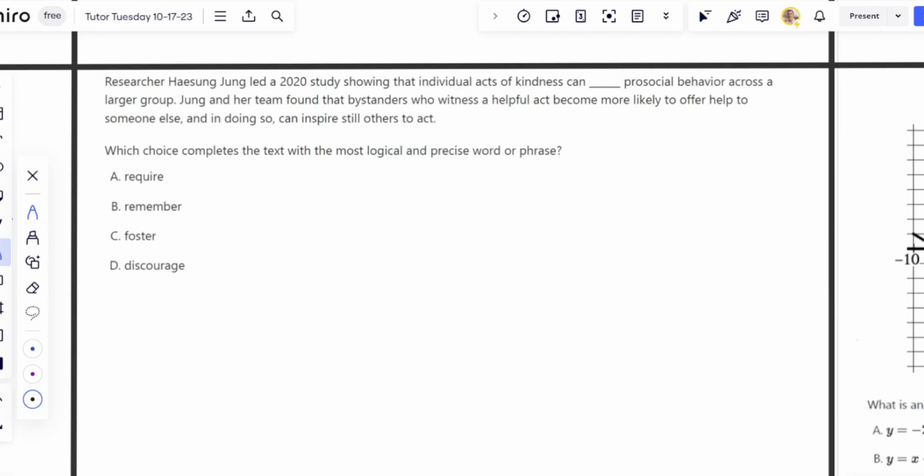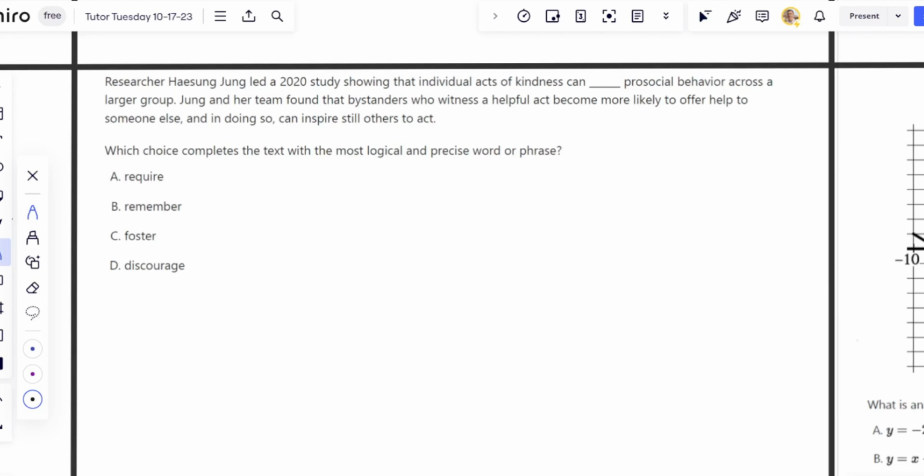So it says researcher Hae Sung-jung led a 2020 study showing that individual acts of kindness can blank pro-social behavior across a larger group. Jung and her team found that bystanders who witness a helpful act become more likely to offer help to someone else, and in doing so can inspire still others to act. Which choice completes the text with the most logical and precise word or phrase?